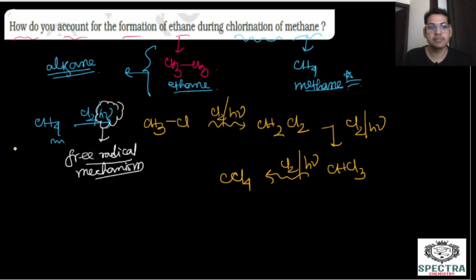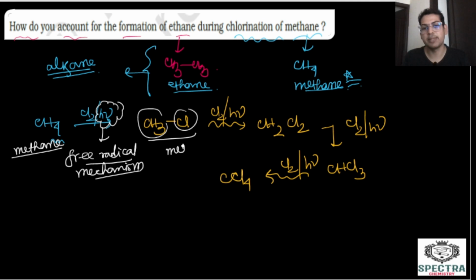What is the name? CH3Cl has a methyl group and a chlorine, so its name is methyl chloride. The CH2 group is called methylene, so CH2Cl2 is methylene chloride.